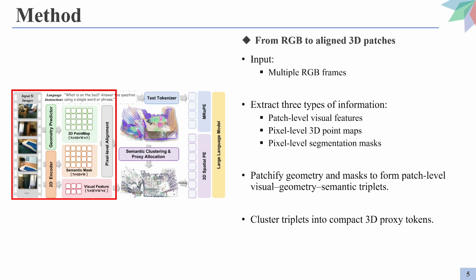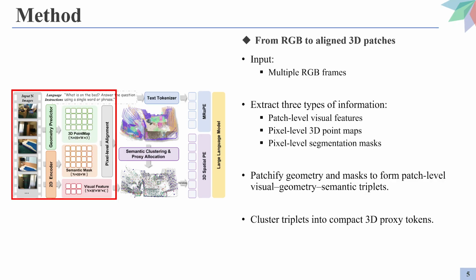I will now explain how the three feature types are extracted and aligned. The three encoders produce information at different resolutions. The visual encoder creates a low-resolution grid of patch features, whereas the geometry predictor and segmentation model produce dense pixel-level outputs. Proxy 3D patchifies the point maps and masks according to the visual encoder's patch size.